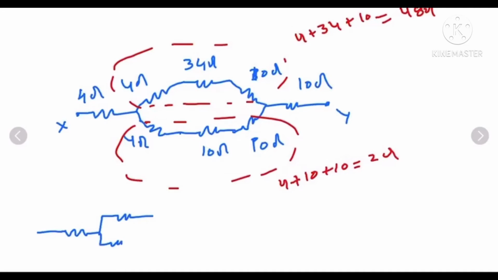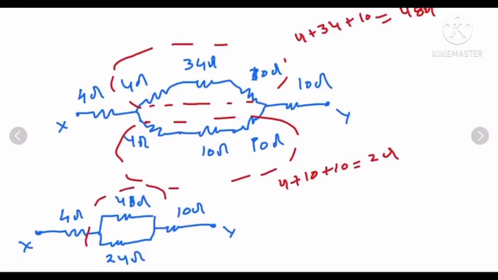The equivalent of the above circuit is going to be X, Y, this is 4 ohm, 14 ohm, and this is your 24 ohm, and this is 10 ohm. Now again we will see, is there any possibility of series or parallel? We can easily identify that these two branches are in parallel.